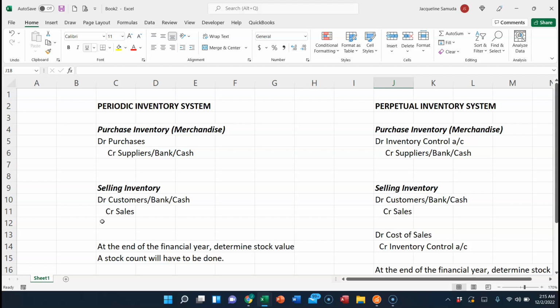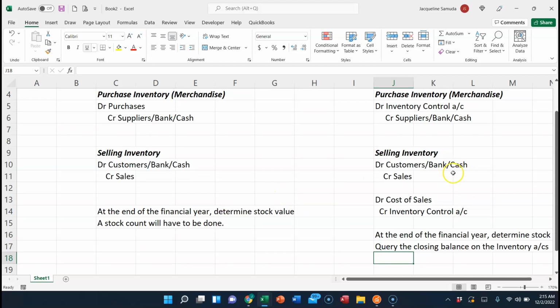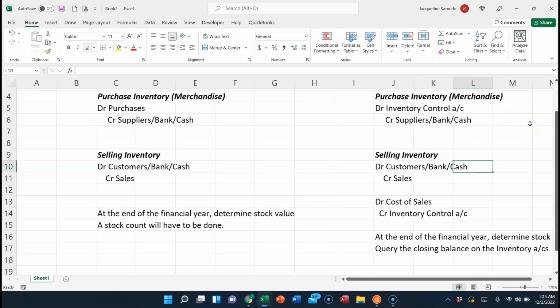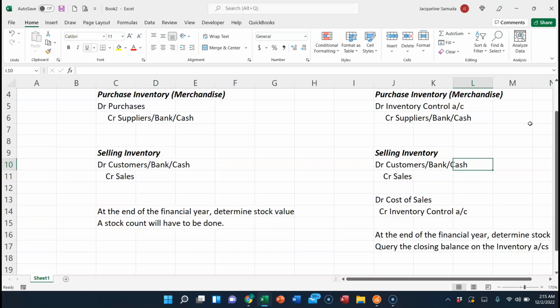So whether we're using FIFO, LIFO, or AFCO, it doesn't really matter. What is important is understanding the journal entry behind the perpetual inventory system, understanding the advantage of not having to do a stock count whenever you need a stock valuation.